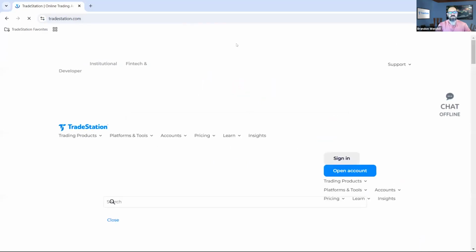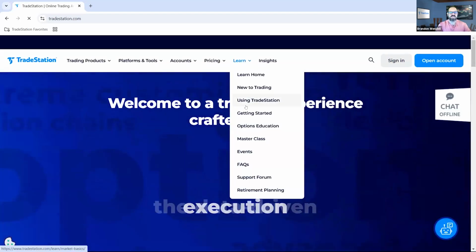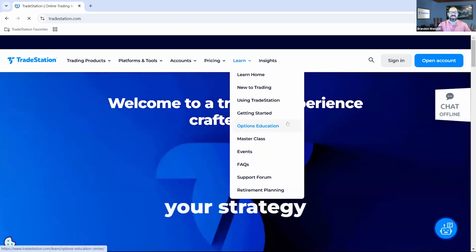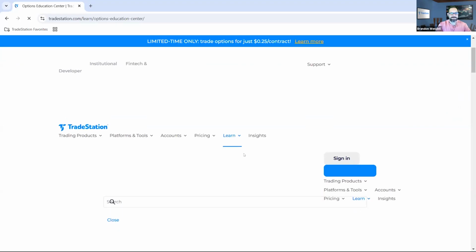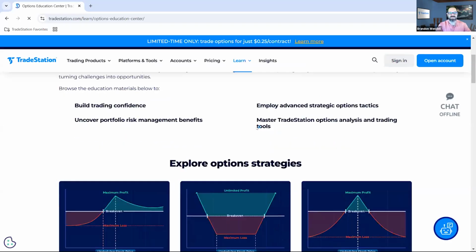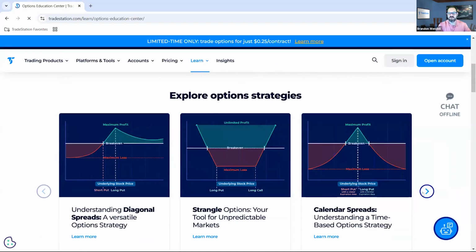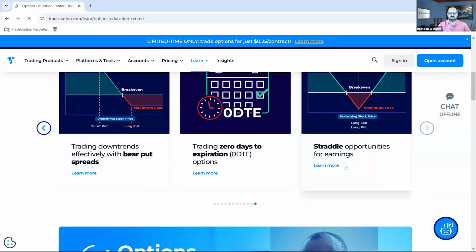And under Learn, you'll find the Options Education Center. So yeah, we'll get the link in just a few. Again, I'm running a little slow. Something's going on with this computer today. It's funky, but there we go. So I'm not sure which one it was under originally, but like I said, we'll get it separate for you.